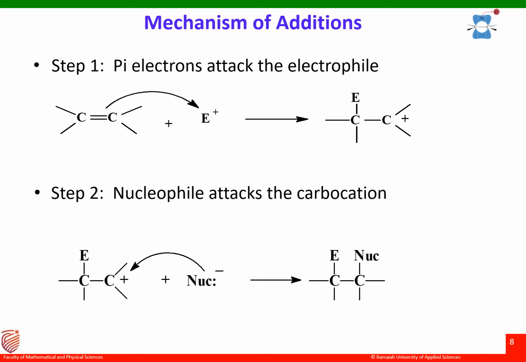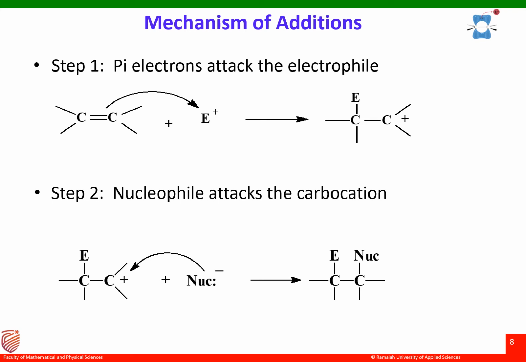In the second step, the formed carbocation is not stable, right? So we need to attain its stability. Therefore, the other part of the reagent, the nucleophile, will attack this carbocation formed in the reaction course, leading to the formation of a stable product.